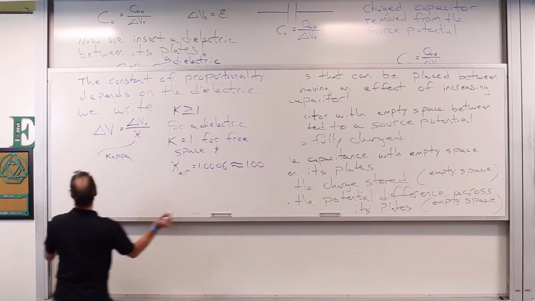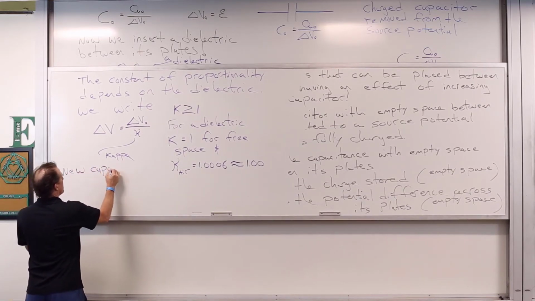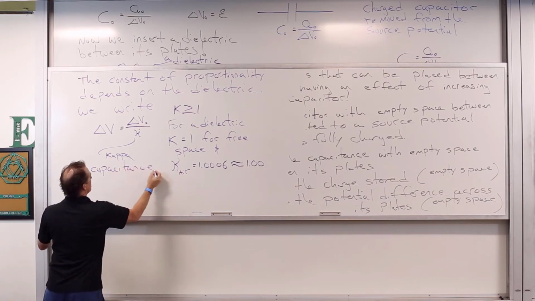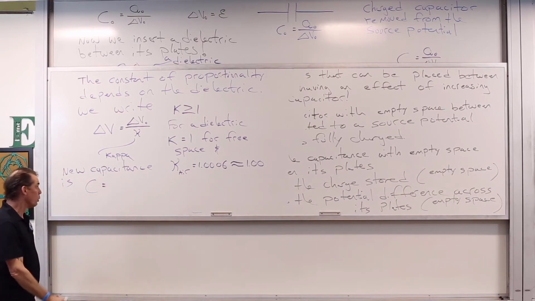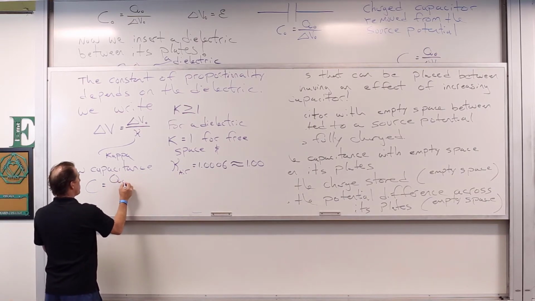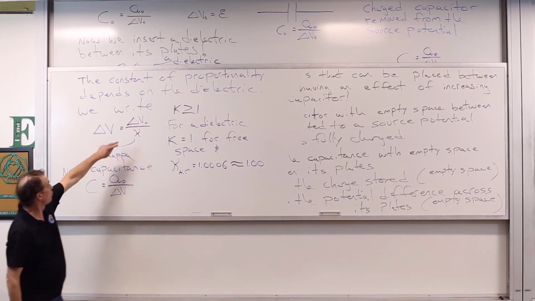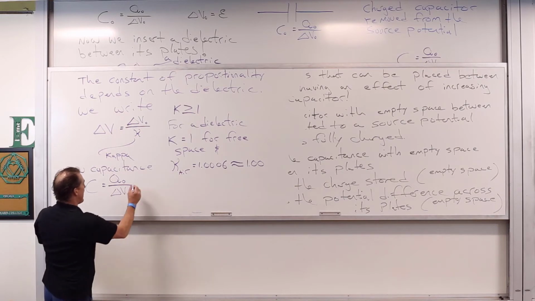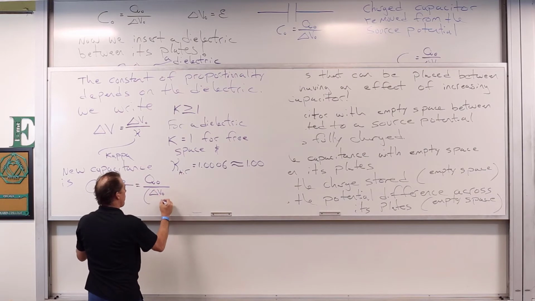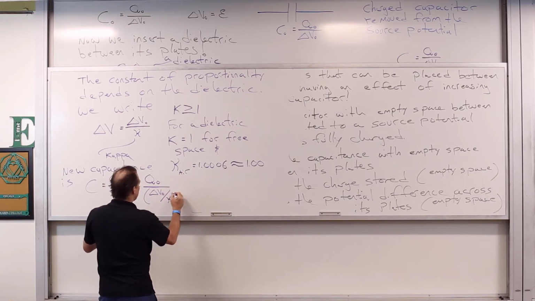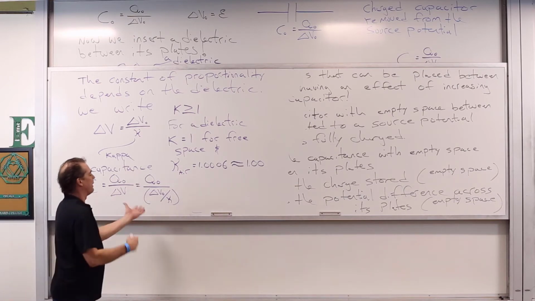So what can we write with this? Well, the new capacitance is C, which is going to be equal to, again, Q0 divided by delta V. Delta V is equal to delta V0 divided by kappa, which is then Q0 divided by delta V0 divided by kappa, the dielectric constant.